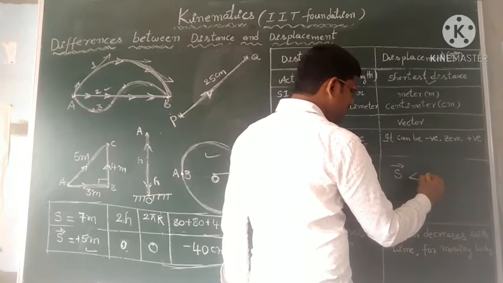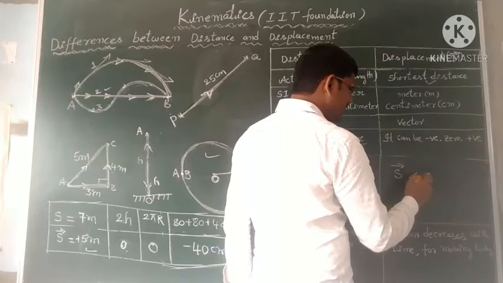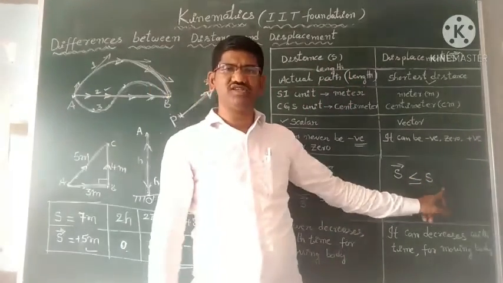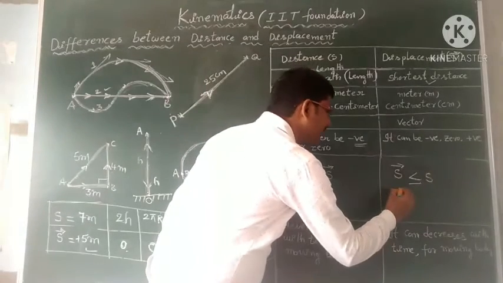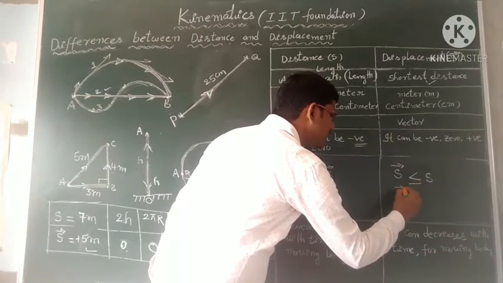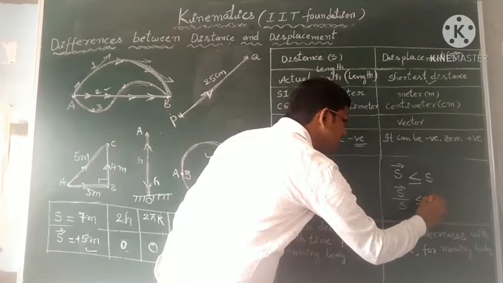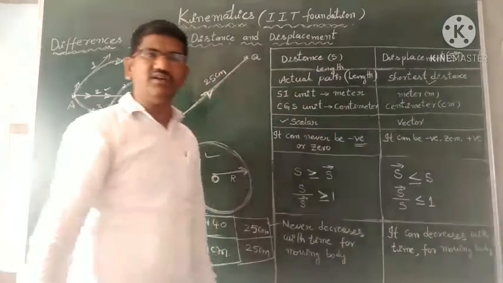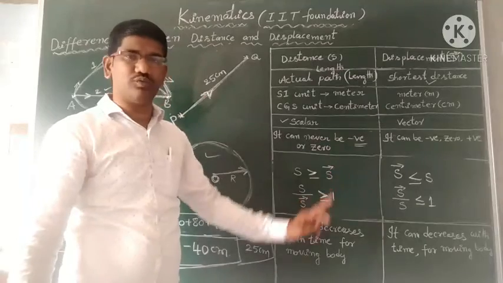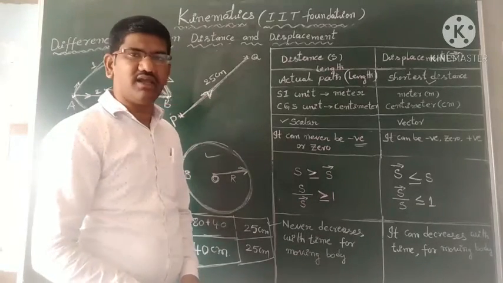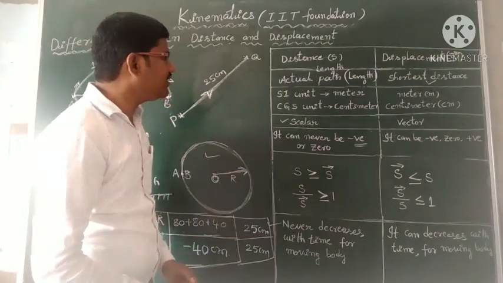So displacement is less than or equal to the distance. If I write this ratio, displacement by distance, I'll get less than or equal to 1. So these are the differences between displacement and distance.